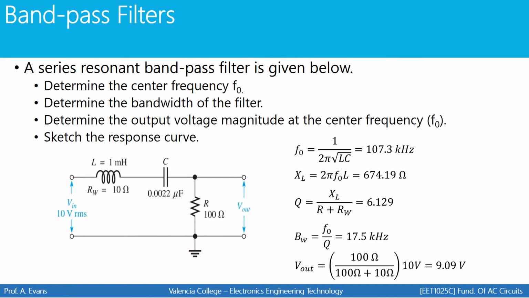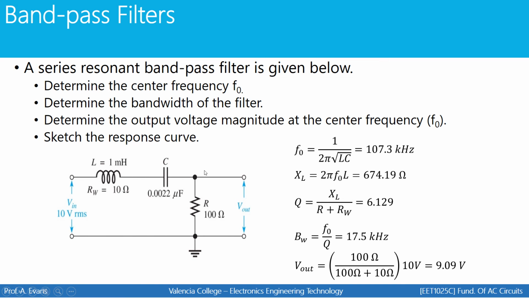So the output voltage at the center frequency. Remember that when we're at the center frequency, the circuit is at resonance. The impedance of the inductor and the capacitor are equal and opposite and will cancel each other out. That means that the only impedance you have in the circuit is the winding resistance and the resistor itself. So imagine that these two components have been replaced with a short, and the only other thing that we have in the circuit is the winding resistance.